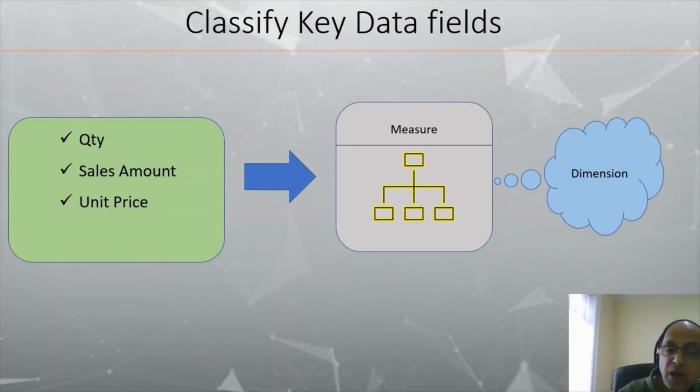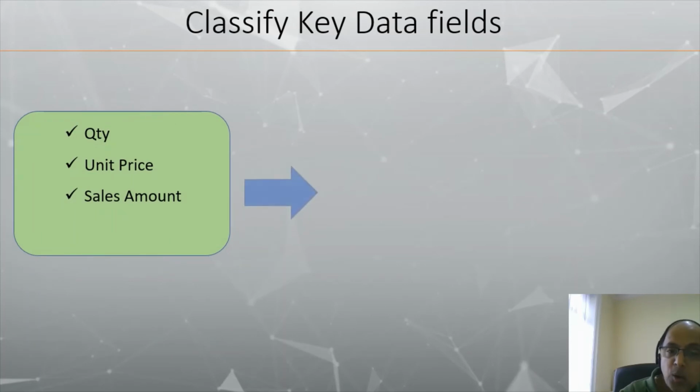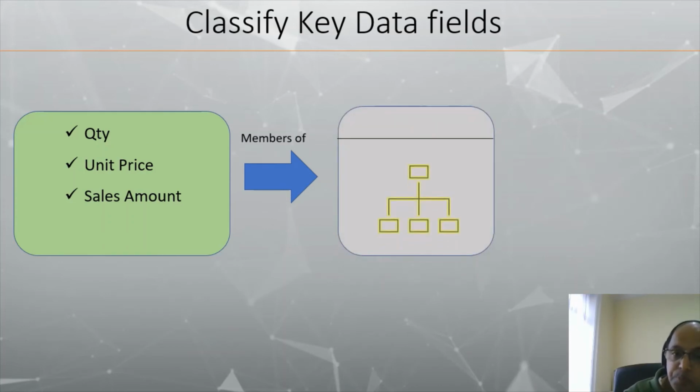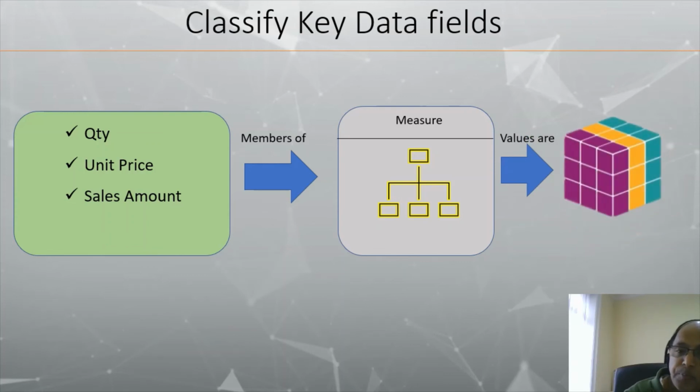But the values of them are stored in a fact table, such as the sales cube. So they are members of the measure dimension, but their values are stored in a fact table, which in this case we can name as a sales cube because these are all sales-related information.